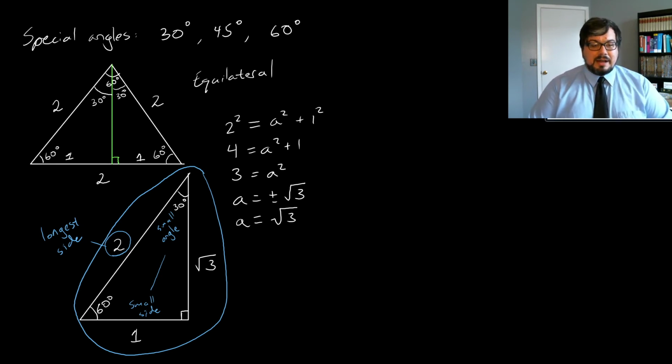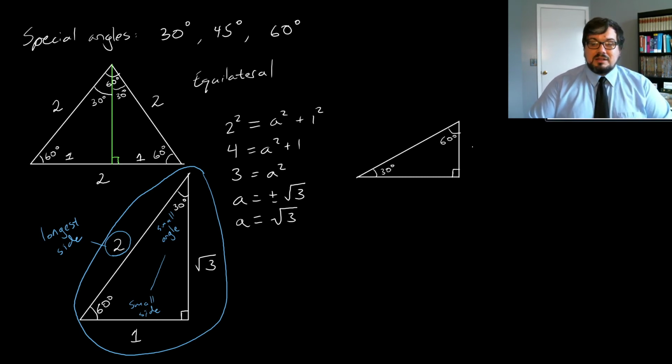And sometimes we'll write it like this. A lot of times I will sketch it out sort of with a horizontal alignment. A lot of times that sits better on my page. So the small angle is 30 degrees, the large angle is 60 degrees, and I know my side lengths are 1, 2, and square root of 3.